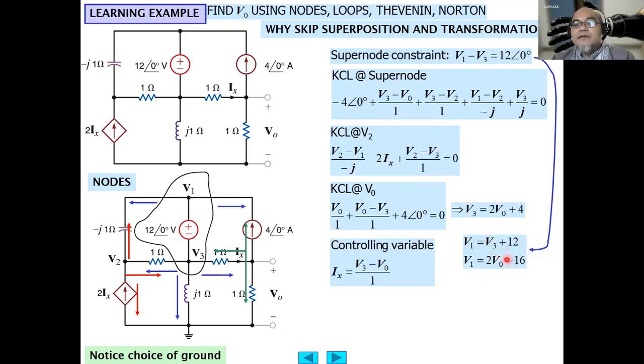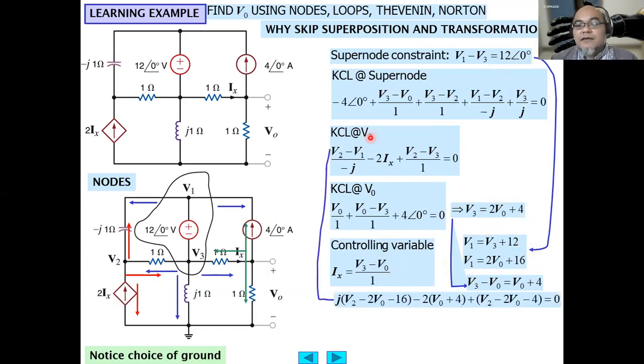V1 equals V3 plus 12. Then we substitute V3 with 2V out plus 4, so this becomes 2V out plus 4 plus 12, which is 2V out plus 16. From here we also obtain V3 minus V output equals V out plus 4. This we can substitute into this value.